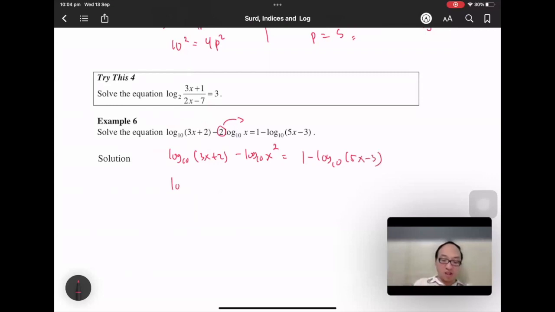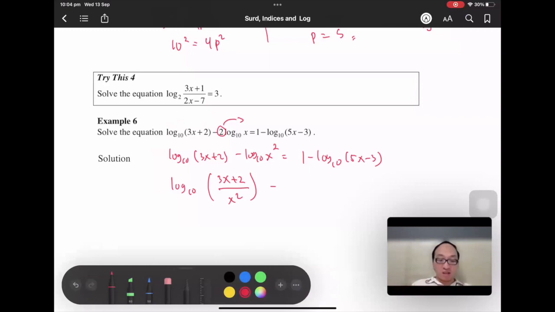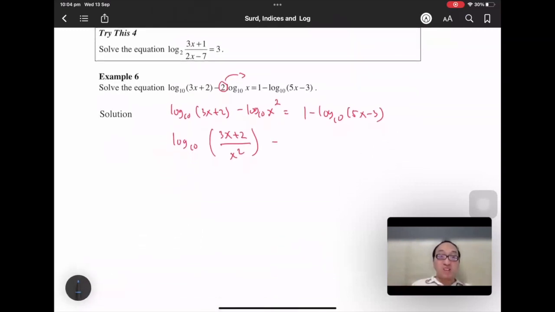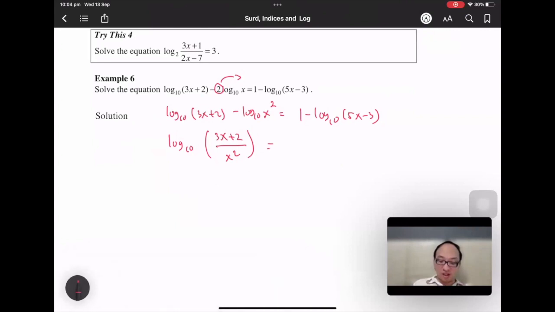So from here, I can combine, log 10 minus is division, 3x plus 2 over x squared, minus 1. 1 can be changed into, oh, this is equal, yeah? 1 can be changed into log to the base of 10, 10, because we have base 10 here. So minus log 10, 5x minus 3. So we can combine again. This is log 10 of 10 over 5x minus 3.